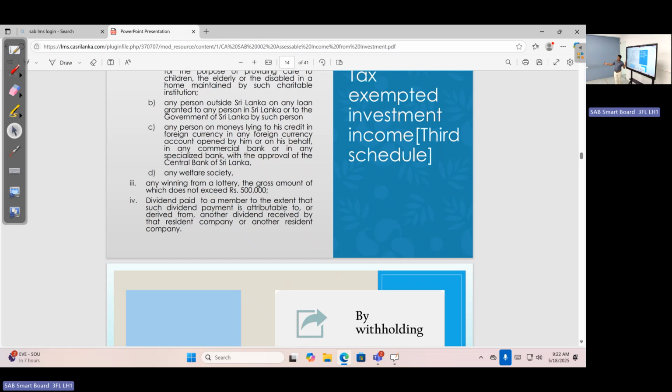And that dividend is received by that particular company from another resident company. In such case, that dividend income is tax exempt to whom? This is happening where? What type of dividend are they talking about?